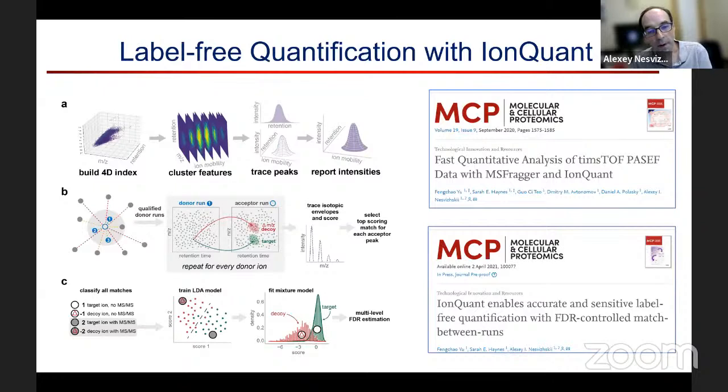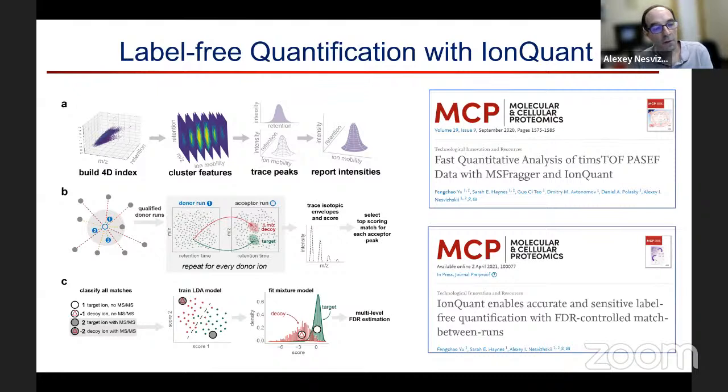That's part of FragPipe. And IonQuant basically is a label-free quantification tool, or rather, it's the MS1 quantification tool. It fully supports SILAC and other labeling workflows as well. But talking about label-free quantification with IonQuant, it has three key parts.